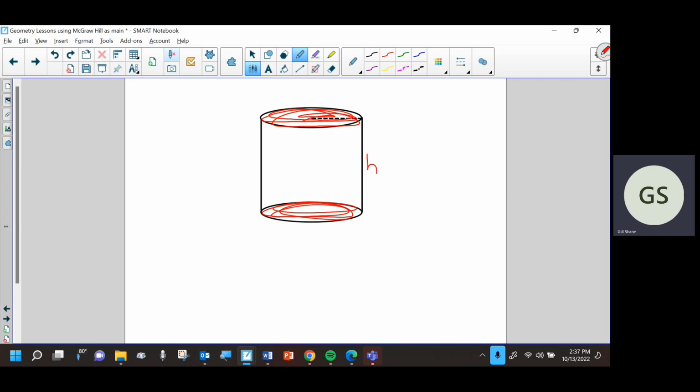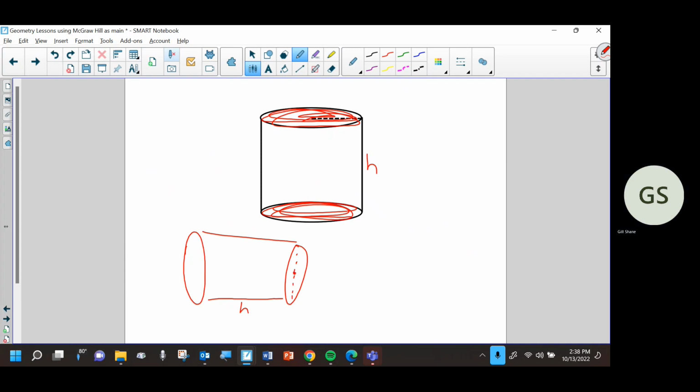Even if that figure were tilted on its side, so even if it looked like this, you have to understand the height is still this line that connects the two bases, even though it's tilted on its side. So if they give you a line like this, that is not the height. That's actually the diameter of the base.